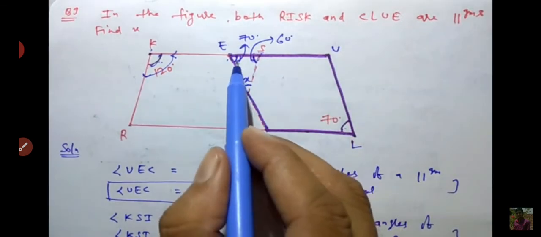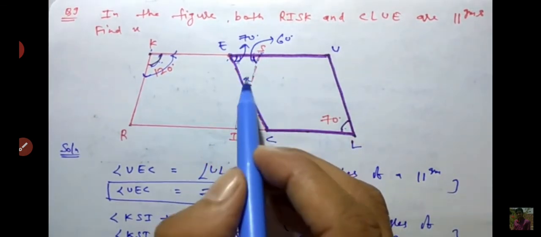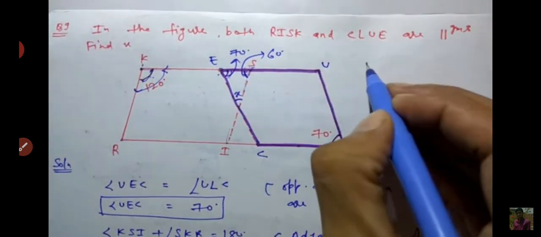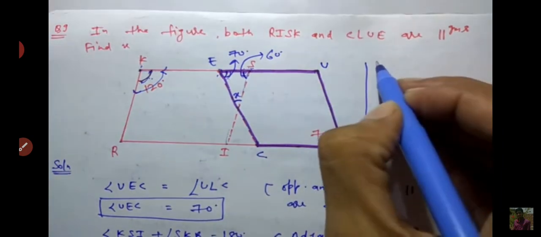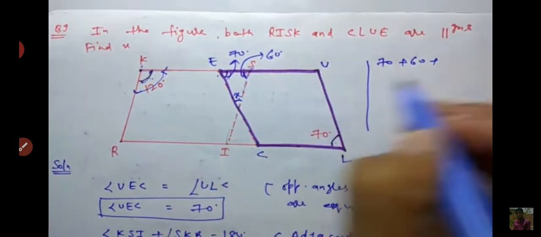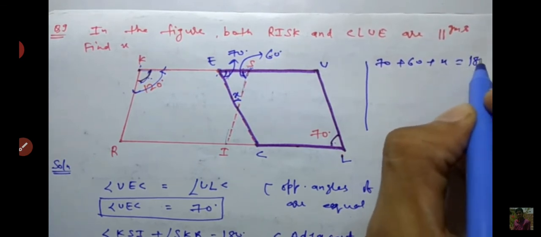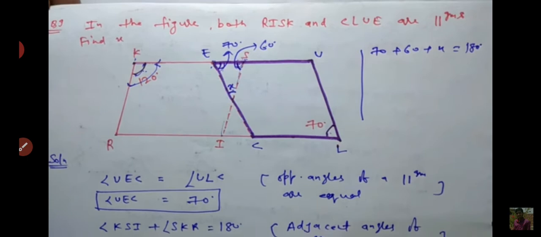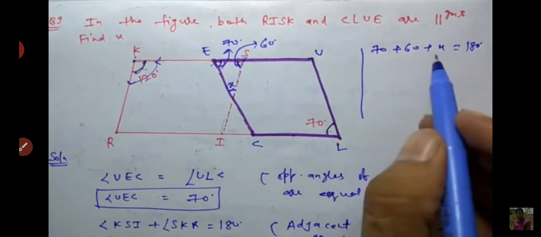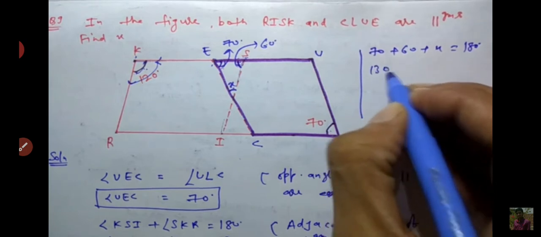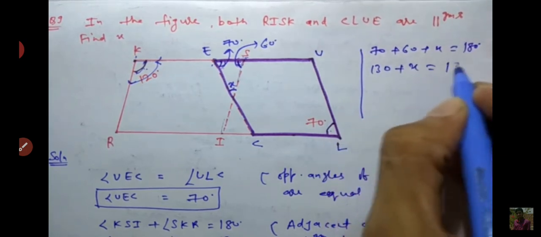Now you want to find x. So in this triangle, the angle sum property of a triangle is 180 degrees. So 70 plus 60 plus x is equal to 180. 70 plus 60 is 130, plus x is equal to 180 degrees.